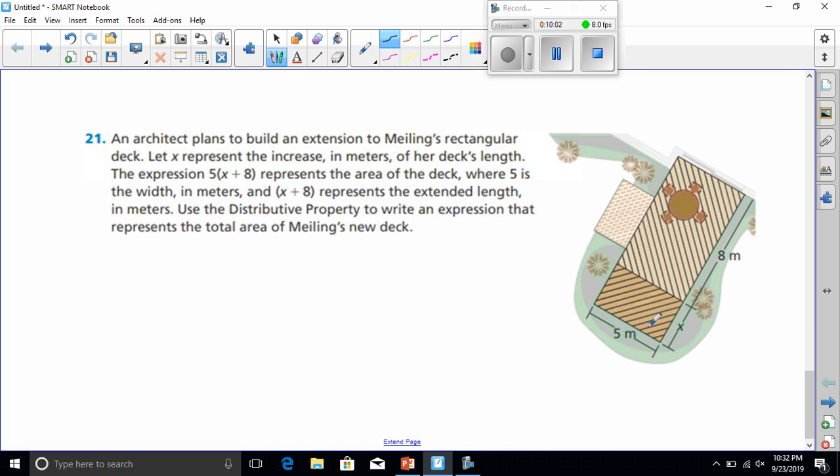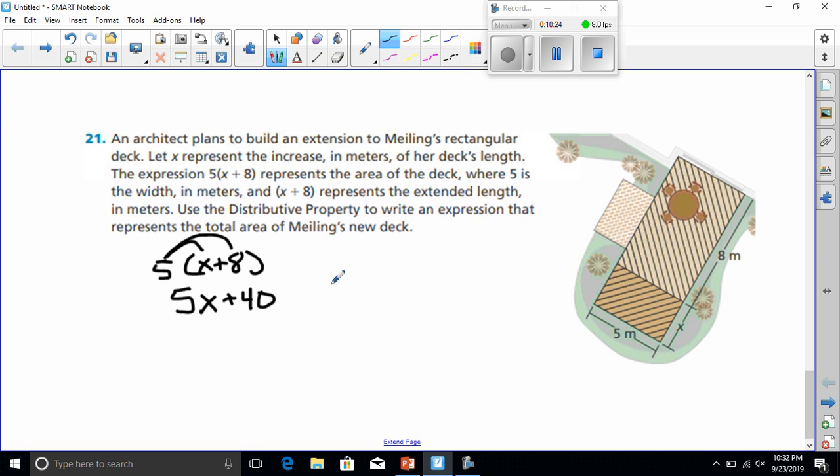So the total area is length times width. So we're going with 5 times x plus 8, which is pretty easy. 5 times x will give us 5x, and 5 times 8 will give us positive 40.